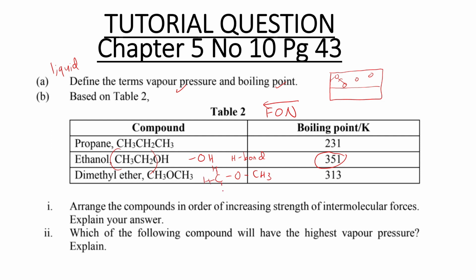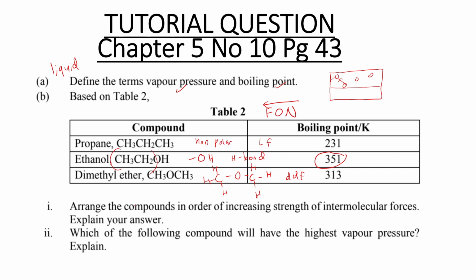So O tak bonded to hydrogen. So untuk dimethyl ether dia tak boleh form hydrogen bond even though ada oksigen. Okay, kalau tak boleh form hydrogen bond tapi dia ada O, meaning dia boleh form dipole-dipole force. Okay, so that's why dia punya boiling point tinggi compare dengan propane. So dalam propane yang ini non-polar molecule, so hanya ada London forces.